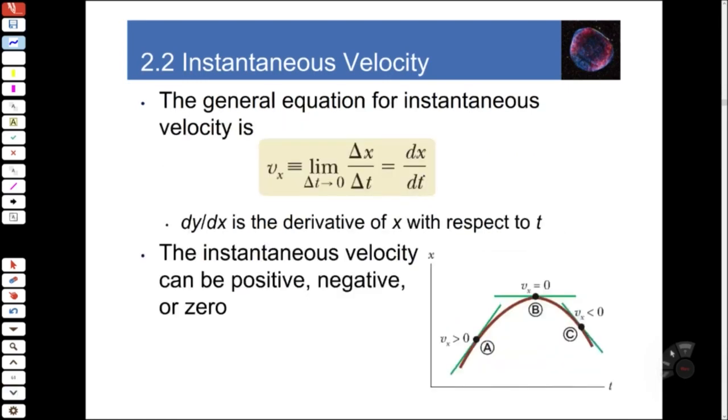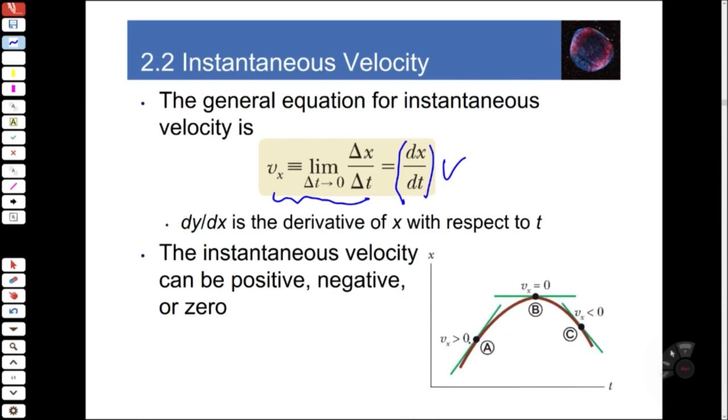So here is what I have just explained, and in mathematics this is nothing but the differentiation of x with respect to t.